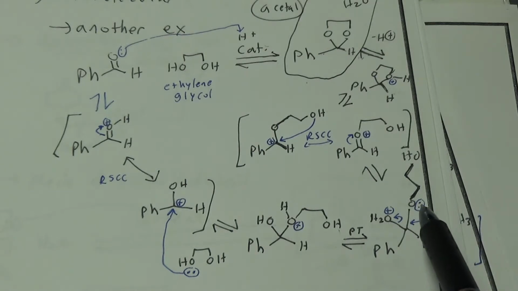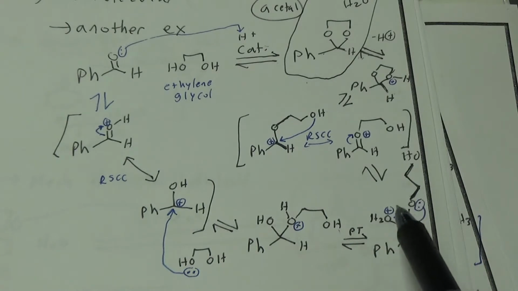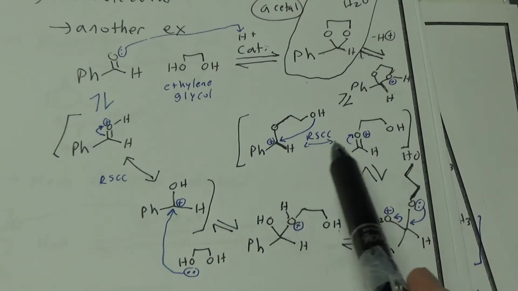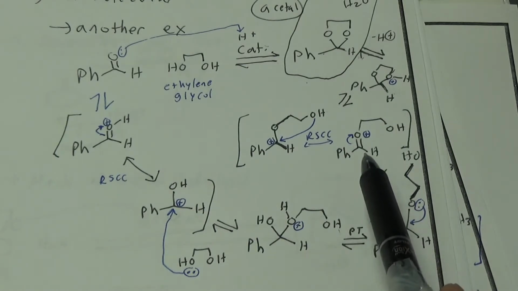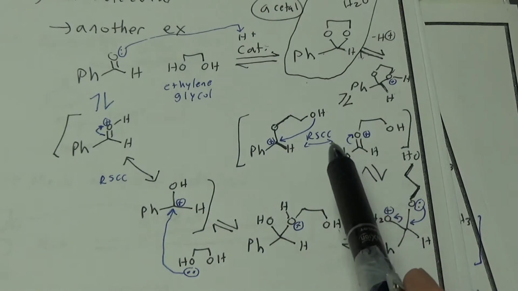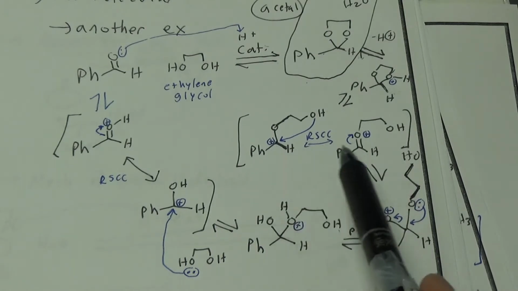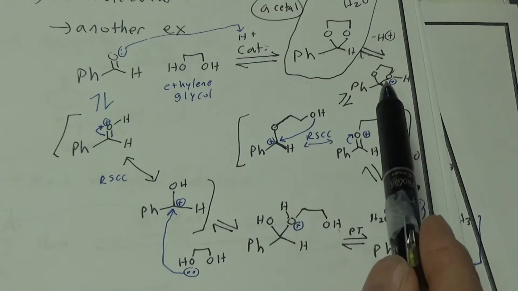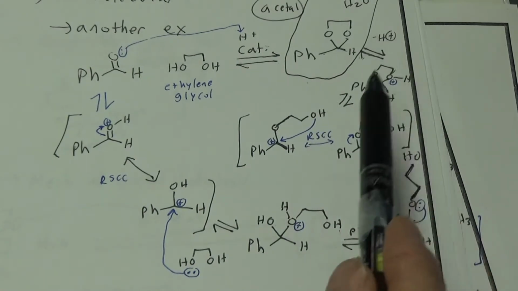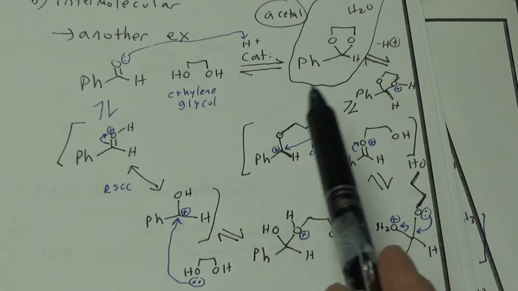And then the oxygen that did the attack kicks off, and now you make a new RSCC. So it first forms a double bond, and then the double bond resonates, and this whole resonating species is an RSCC. Then the other oxygen attacks, and then you finally lose the proton, and then you're at the acetal. It's a kind of fun, longish mechanism.